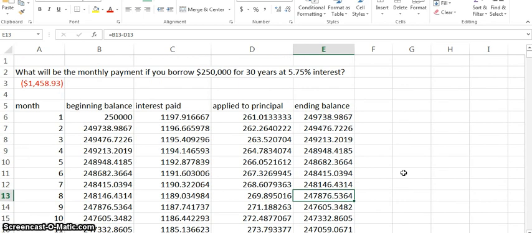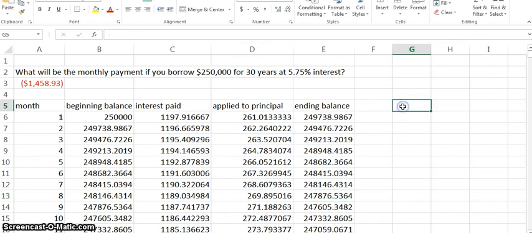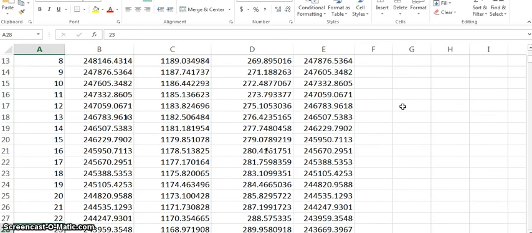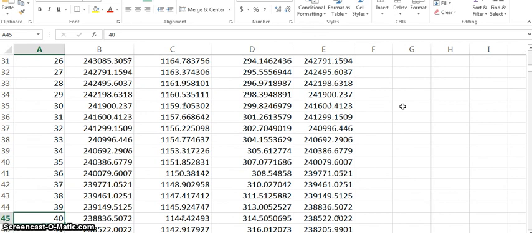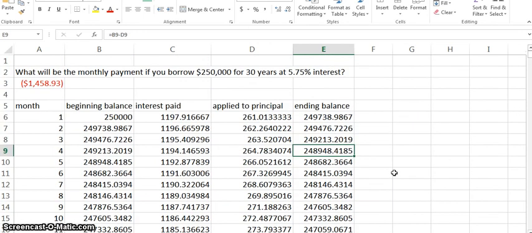What this will tell us is that we can look at this and answer questions like, after 3 years, what is the balance? So you'd look at 36 months, and you'd find that the ending balance is $239,771 and some change. So it lets you answer a lot of questions about that.